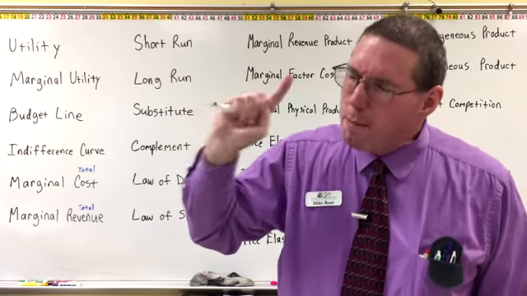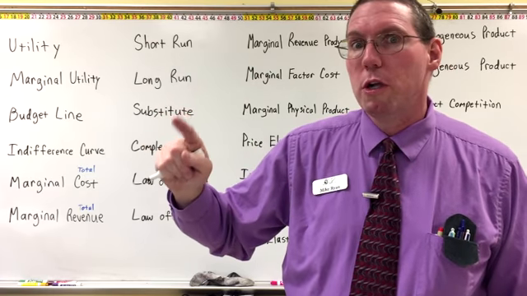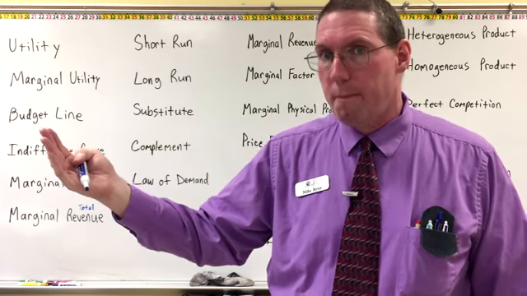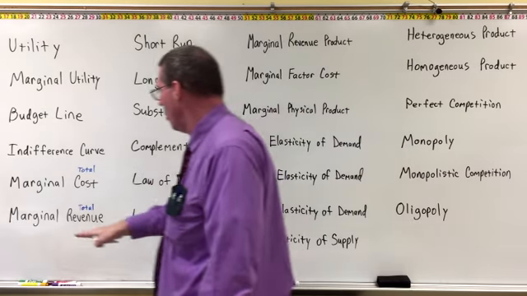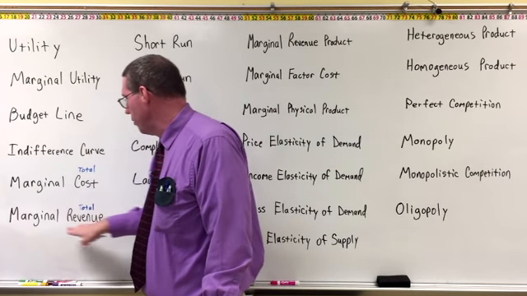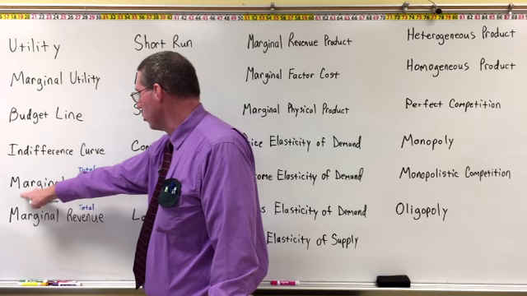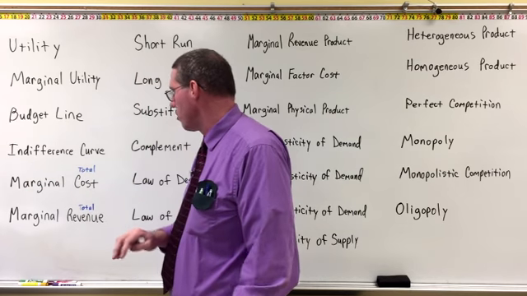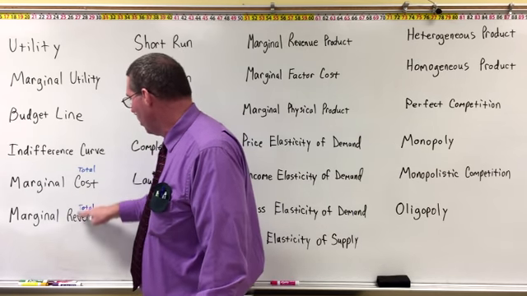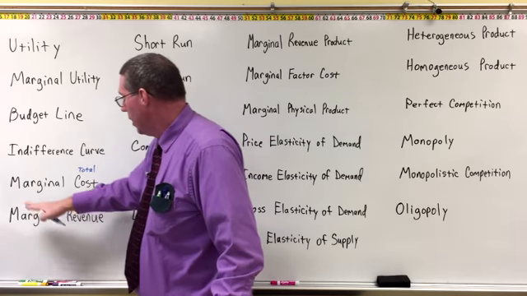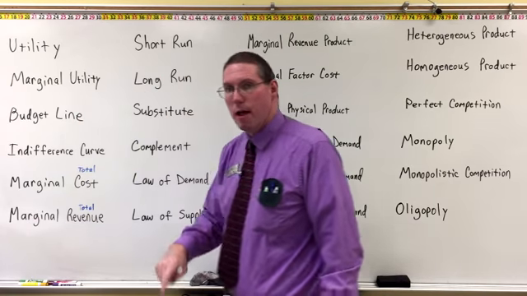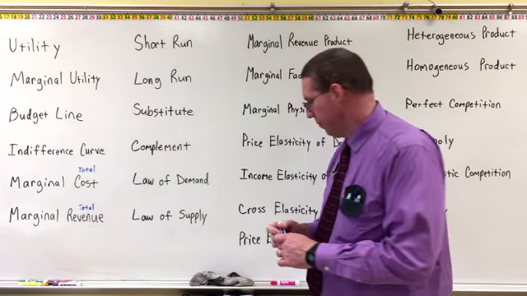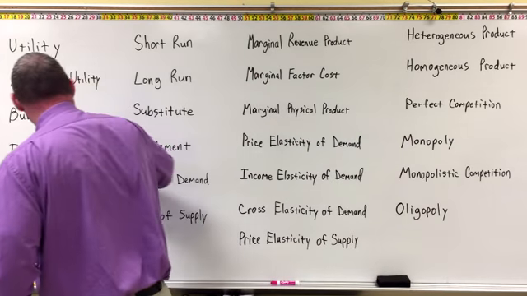If we sell one more car, how much will our revenues go up by? That is called marginal revenue. So marginal revenue is related to total revenue, and marginal cost is related to total cost. It's how much each one will go up by if you were to produce and sell one more unit. All right, so that's marginal cost, marginal revenue.